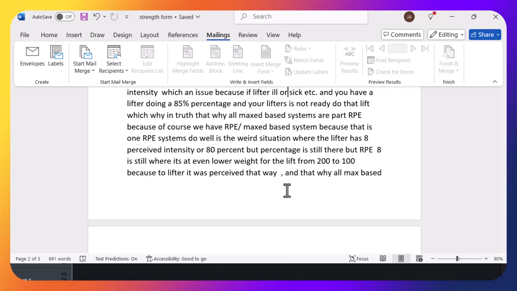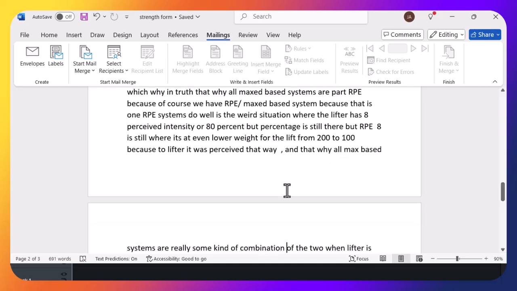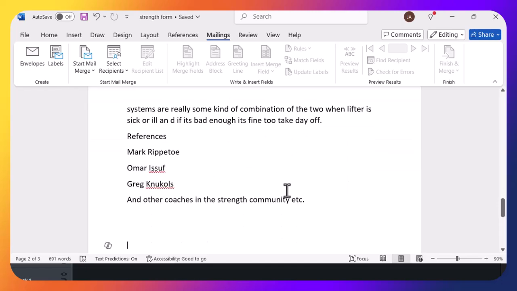It's a weird situation where the lifter has a perceived intensity of 80% but the percentages say otherwise, so there's RPE, and there's even lower weight lifted, from 200 to 100, because the lifter perceived it that way. That's not the only way; really it's some kind of combination of the two. When the lifter is sick or ill, and it's bad enough, fine, take a day off.